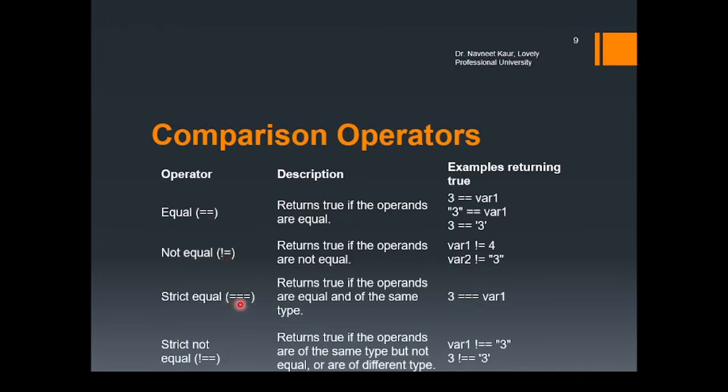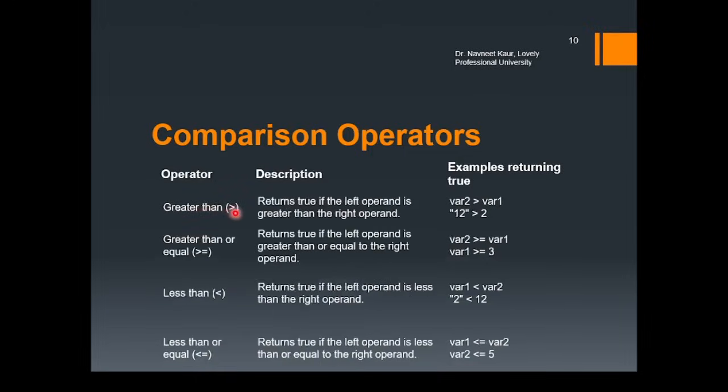Then strict equal (===), which means that you want to check whether they are equal, plus you also want to check whether their data type is also equal. Then strict not equal (!==). You want to check that their data type is not equal and also their value is not equal.